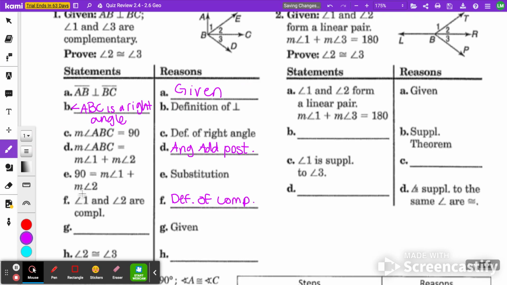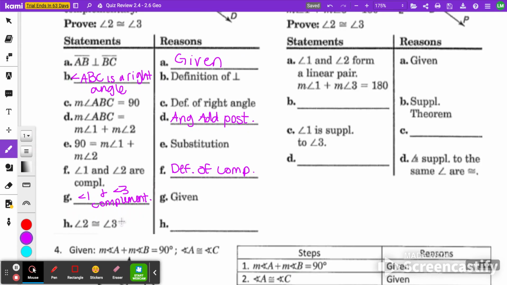Okay, so when we're coming back to our given, angle 1 and angle 3 are complementary. So that means the measurement of angle 2 is congruent to the measure of angle 3. That would be your substitution.